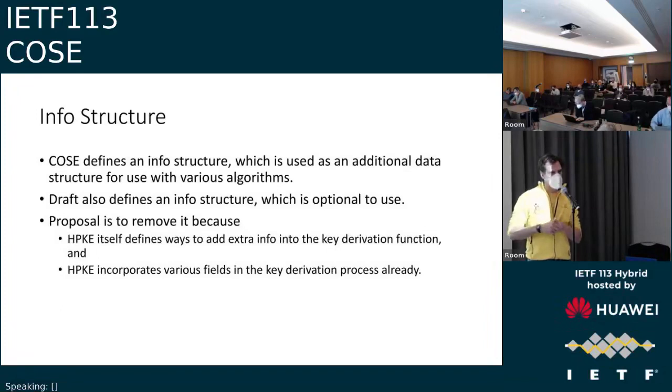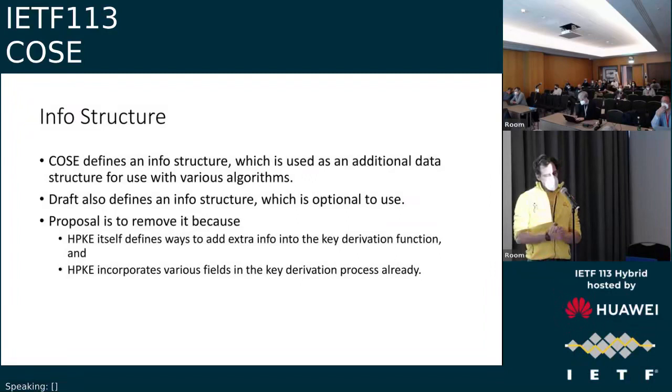Regardless of whether you use a sign operation or, in this case, an encrypt operation, this information is also structured as a COSE data element. And currently what's in the document is also an infrastructure to be used with HPKE. It's a leftover from the early days of the document in the SUIT group.